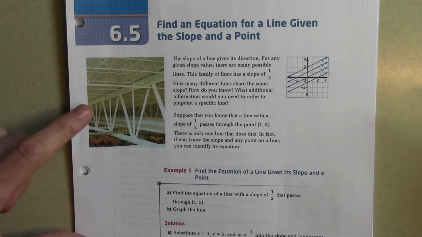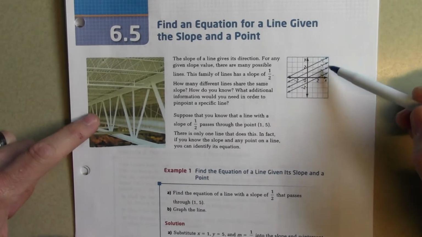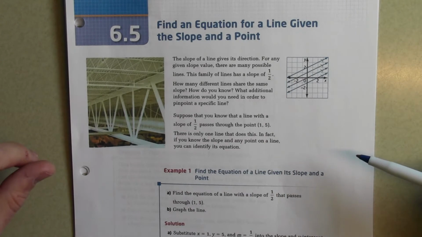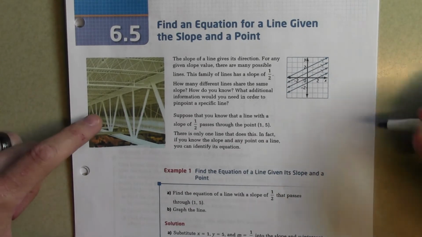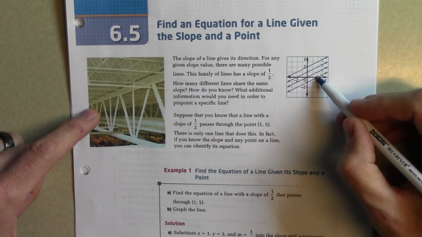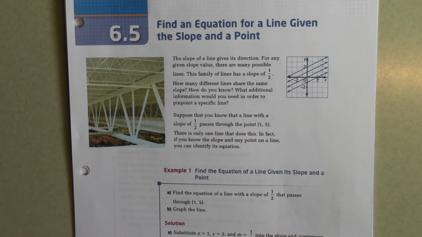Agreed? Can we all see that by looking at these lines? Yeah. If this line here is passing through (2, 0), no other line with this slope will pass through (2, 0). Okay? So knowing that, if we have any point on the line and the slope, we should be able to figure out the equation of that line.